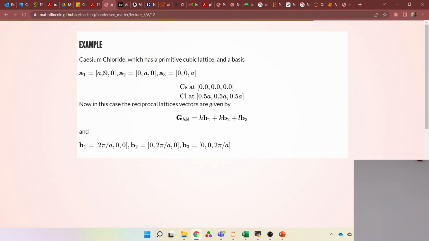And then we had reciprocal lattice vectors, ones that dot with these vectors to give 2 pi, and 0 otherwise.